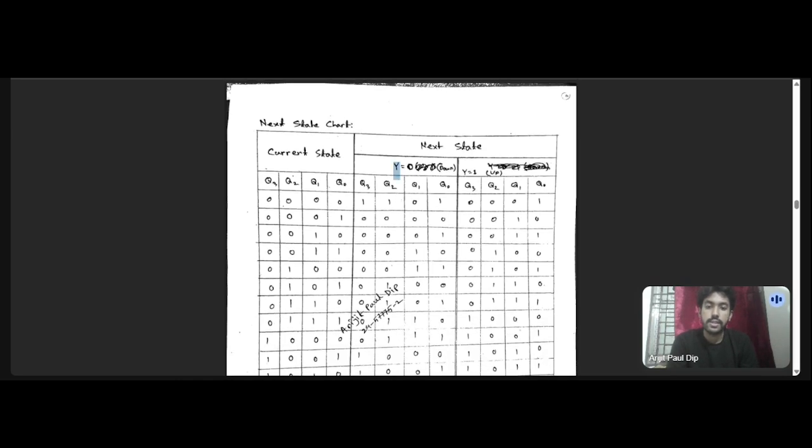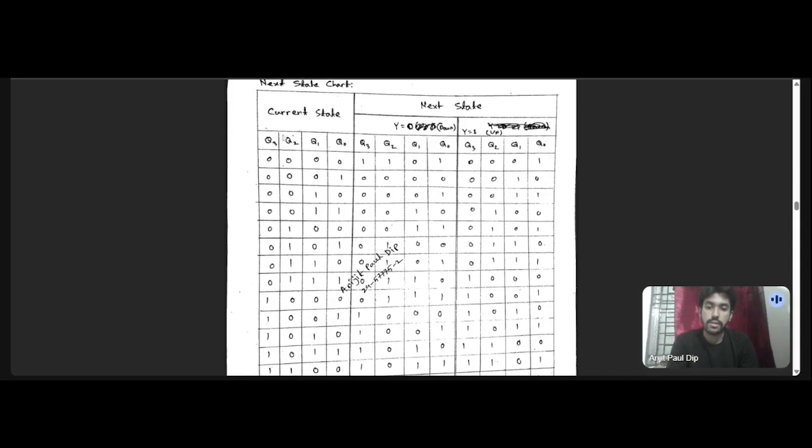Here, y is the decision if the counter should go up or down. If y is 0, then the count will go down, and these next lines or blocks show that if the counter has the current state shown in this block, then the next state will be below this.